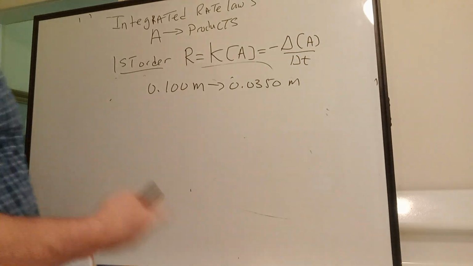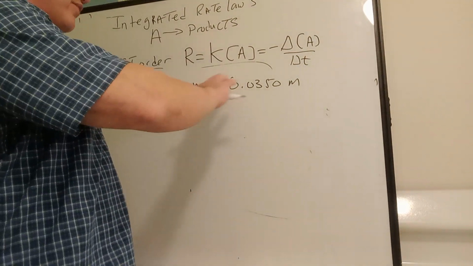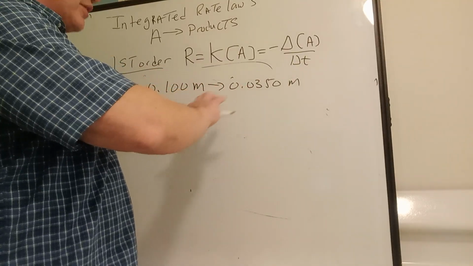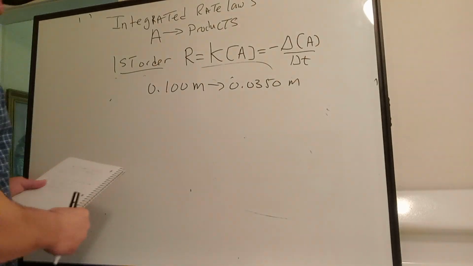Now this is not a half-life, and some people will say, well, it's a little more than a half, a little less than a halving. No, you can do it directly. There's no reason to do an estimate based off the half-life.